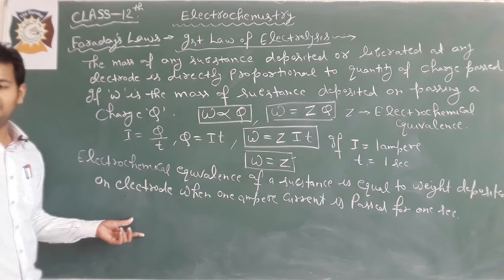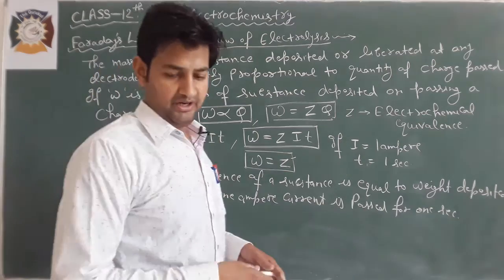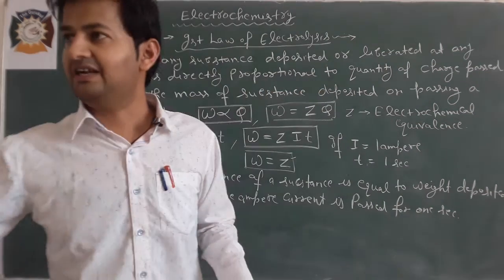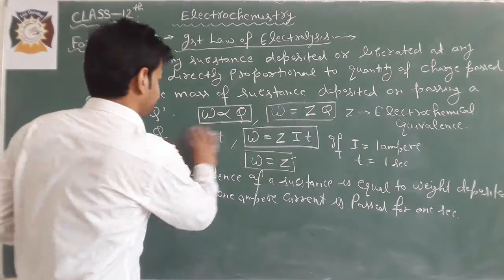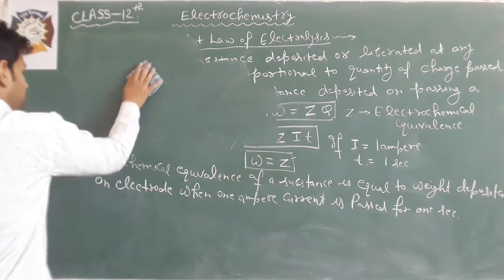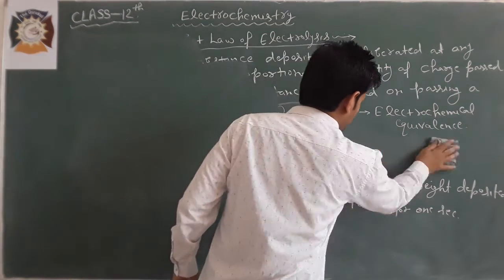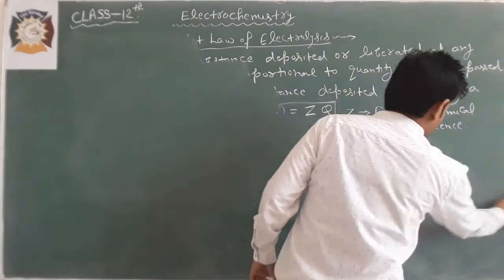This is our Faraday's first law of electrolysis. According to this law, weight deposited at any electrode is proportional to the charge passed through the electrolyte. Now the second law of Faraday.